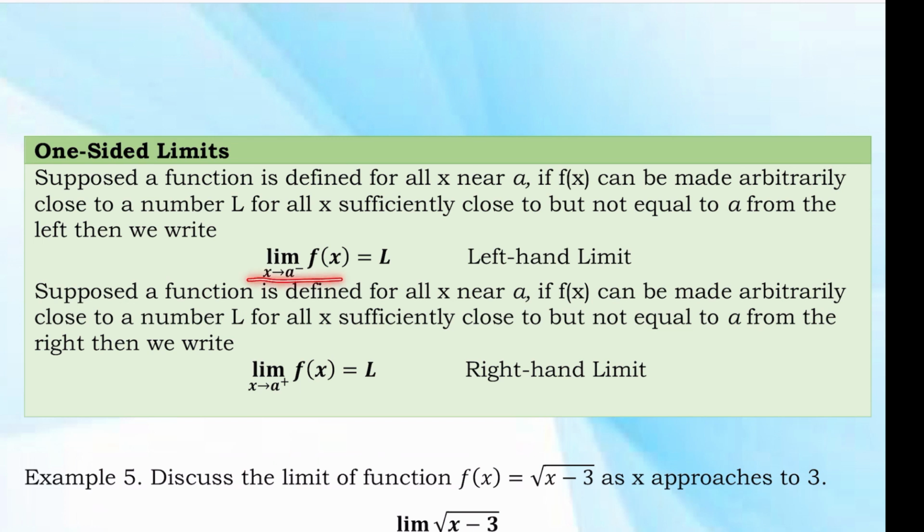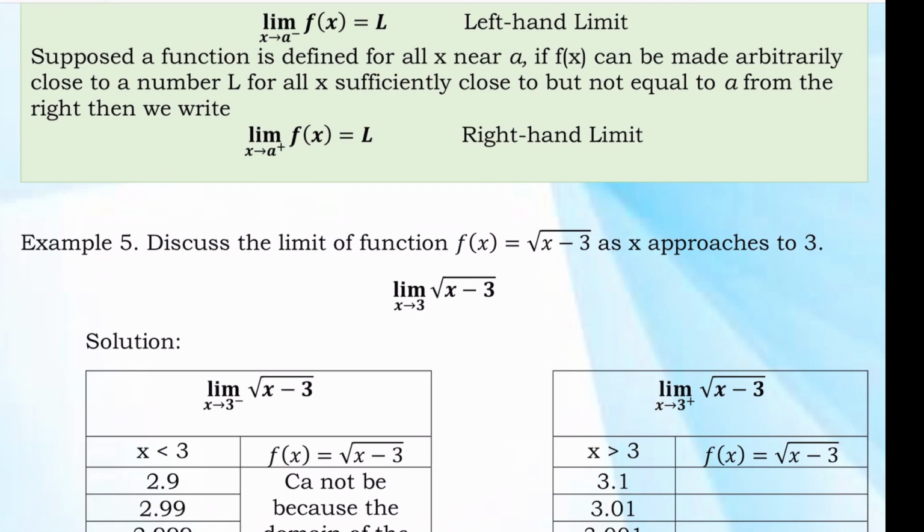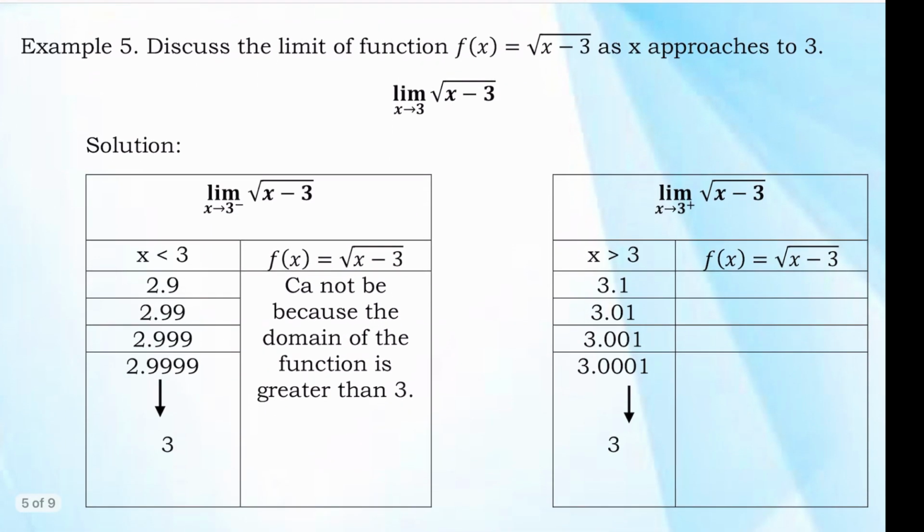And in the right-hand limit, x approaches a from the positive side. So we have the left-hand limit and we also have the right-hand limit. So let's have an example.